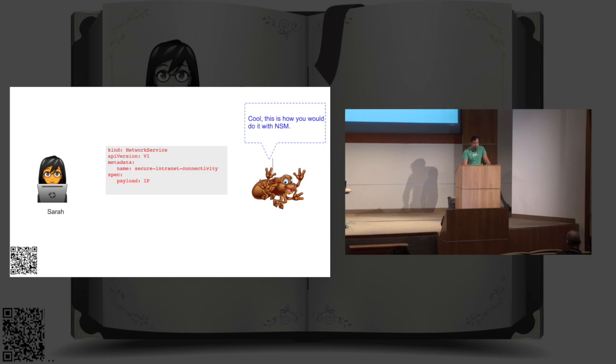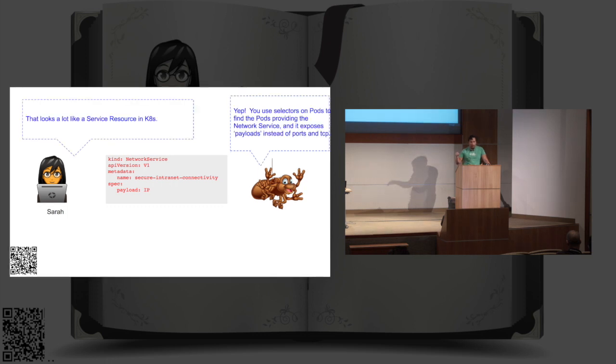So this borrows a lot from service resources within Kubernetes. So the same way you have selectors on pods or so on, you expose a network service, and instead of exposing a port, like port 80 or port 443, you expose a payload, and that payload could be like TCP, or payload could be like IP or Ethernet or MPLS or so on.